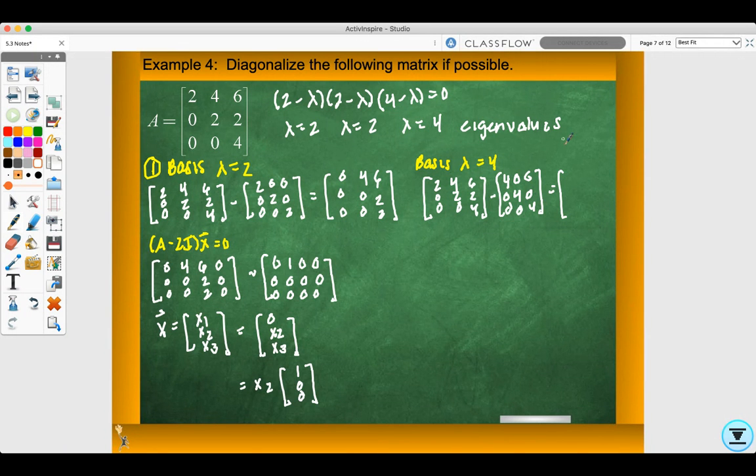And we would get negative 2, 0, 0, 4, negative 2, 0, and 6, 2, 0. And then we need to solve this for A minus 4I times x equals 0.